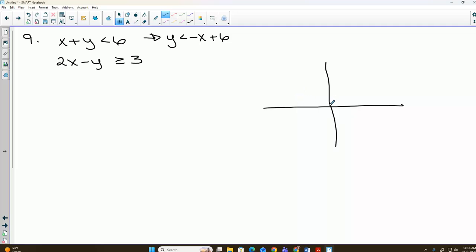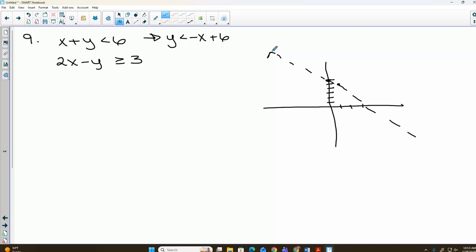So y-intercept of 6. Slope is negative 1, so down 1 over 1. How do I know if it's solid or dashed? If it has an equal to, it's solid. This one does not. The first one was just less than, so it's just dashed.